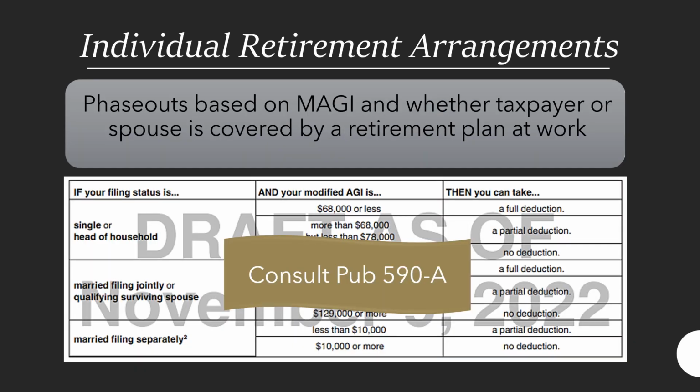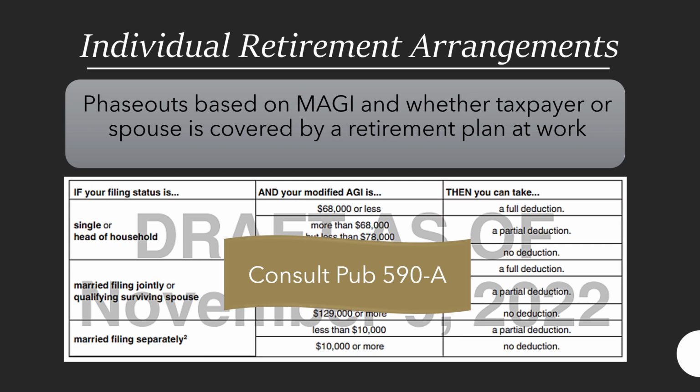Now that global contribution limit can get a little more complicated. There are phase outs, and those phase outs are based on a modified adjusted gross income and whether the taxpayer or the spouse is covered by a retirement plan at work. I took a table here from Publication 590-A.